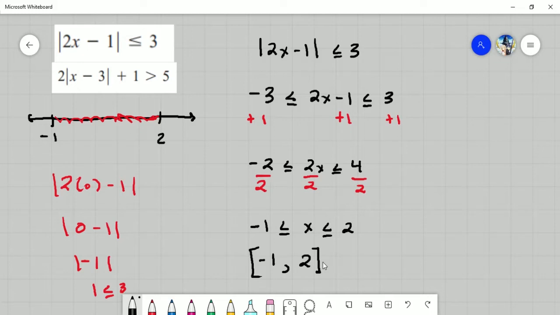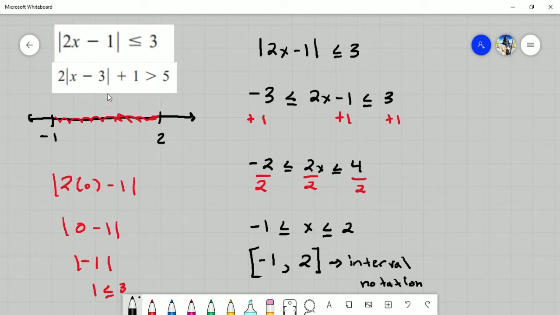That's pretty much it. This is our answer in interval notation, and this is how we would draw it on the number line. If you're asked to do both, this is how you would do it.